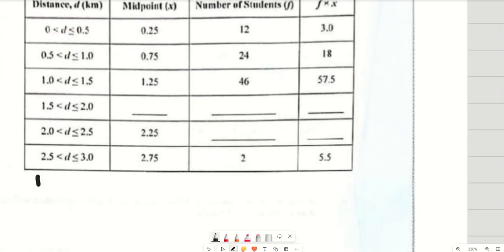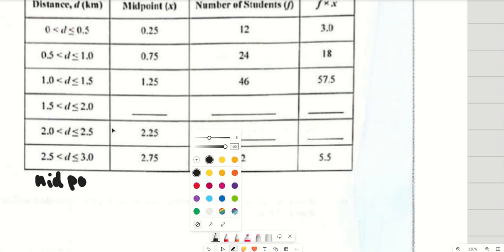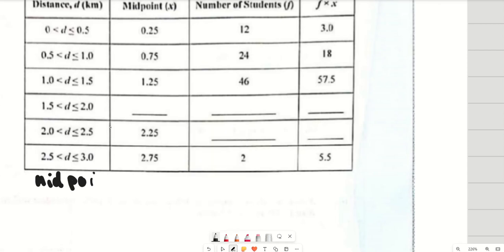So your midpoint is equal to 2 plus 1.5, that is your highest value and your lowest value, all divided by 2, which is equal to 1.75.